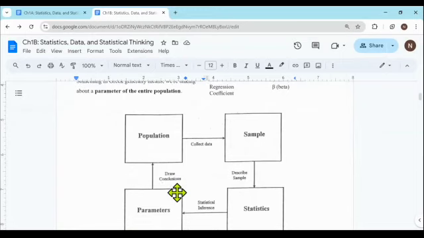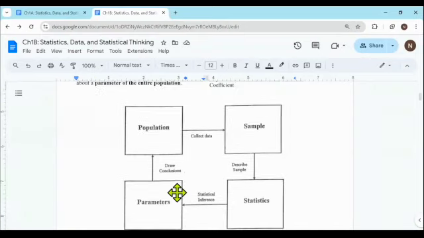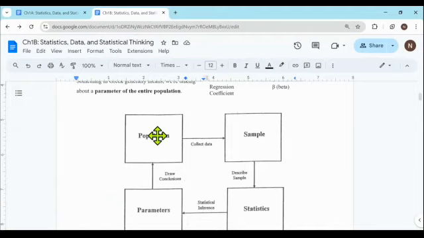So this graph is a beautiful graph. It explains how things go. I have the population here. Of course, I cannot do calculation with the population. So what should I do? I take a sample from the population and then make the calculation using statistics.